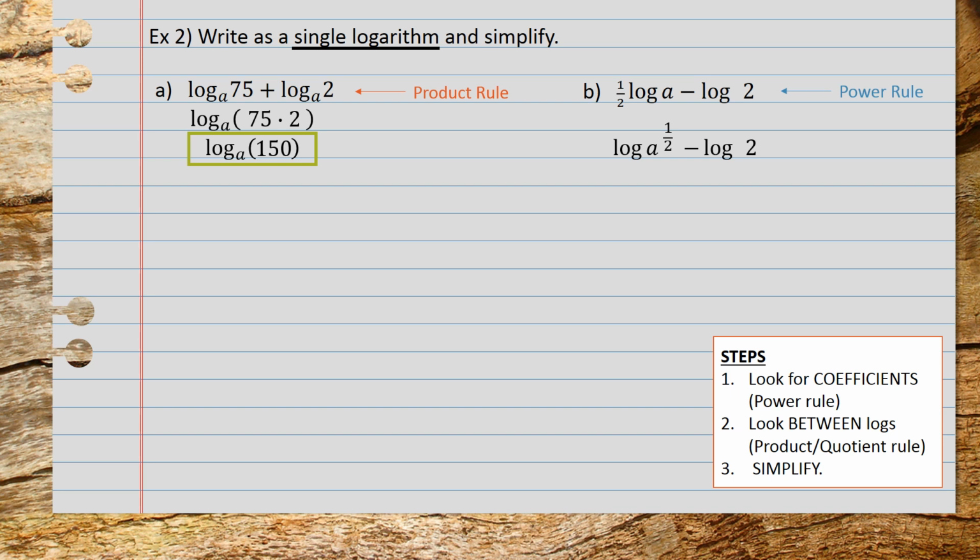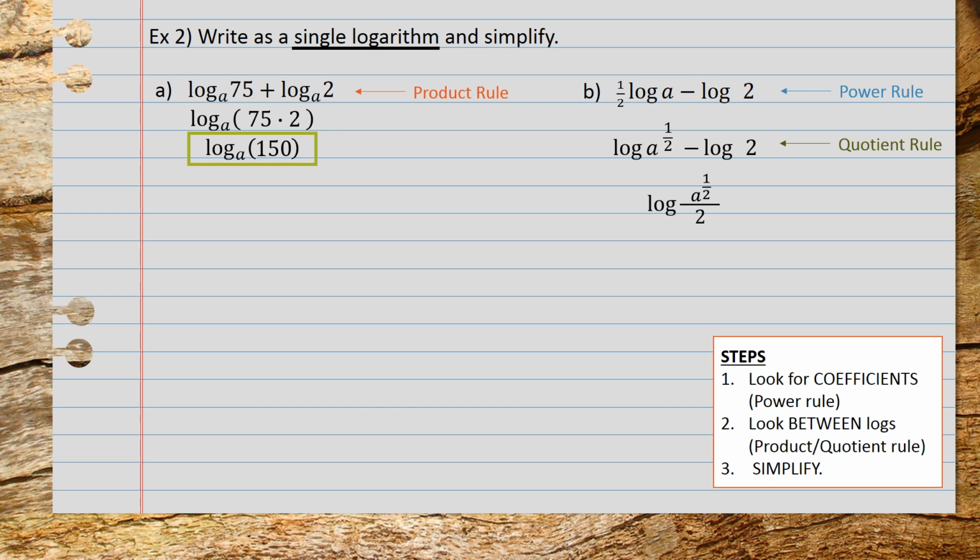Now we look for what's happening between the logs. Because we see subtraction, that means we will apply the quotient rule. The quotient rule means division, and order is very important. Whatever's listed first goes in the numerator. Whatever's listed second goes in the denominator.